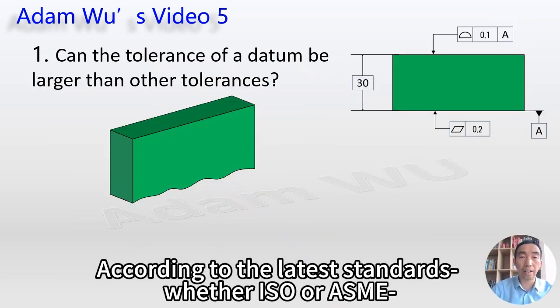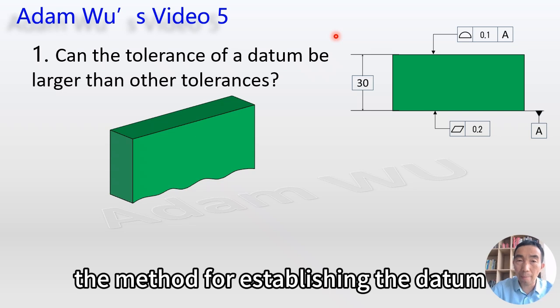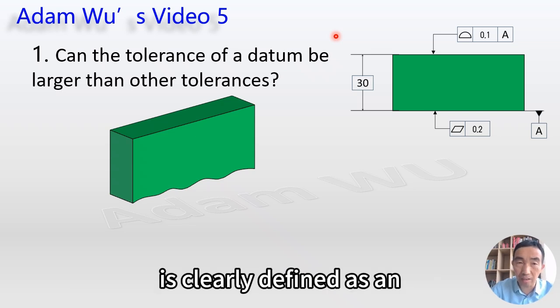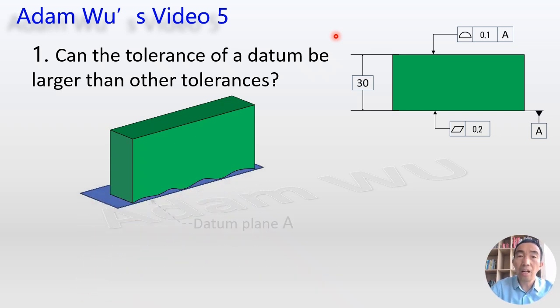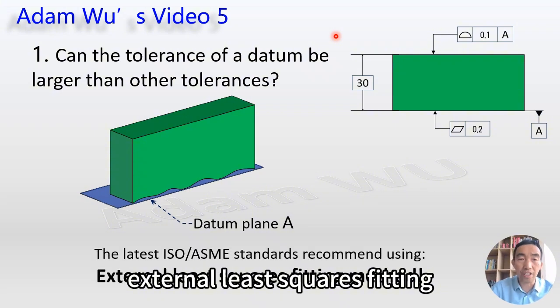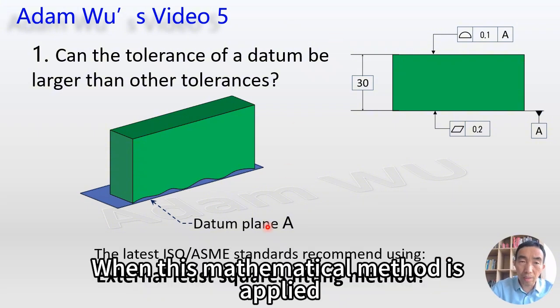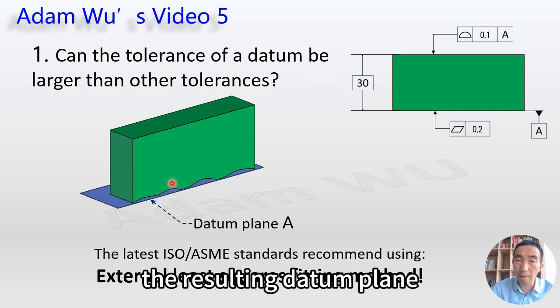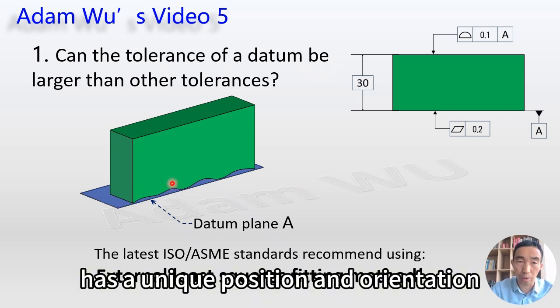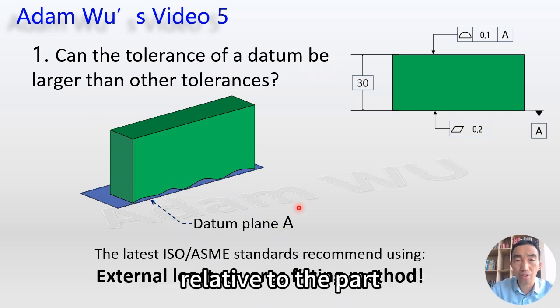According to the latest standards, whether ISO or ASME, the method for establishing the datum is clearly defined as an external least squares fitting. When this mathematical method is applied, the resulting datum plane has a unique position and orientation relative to the part.